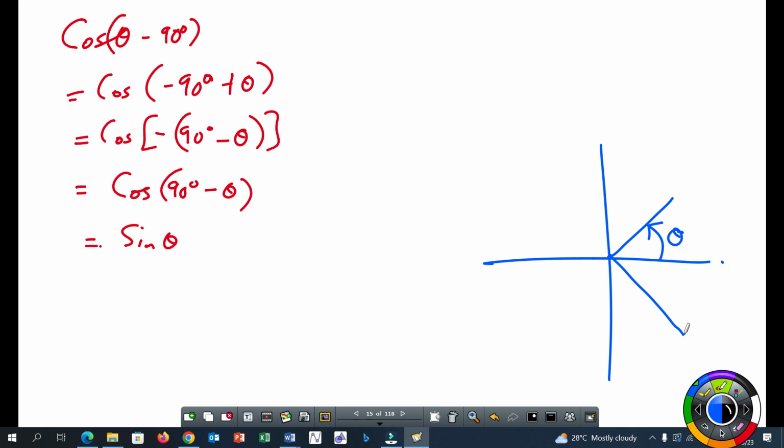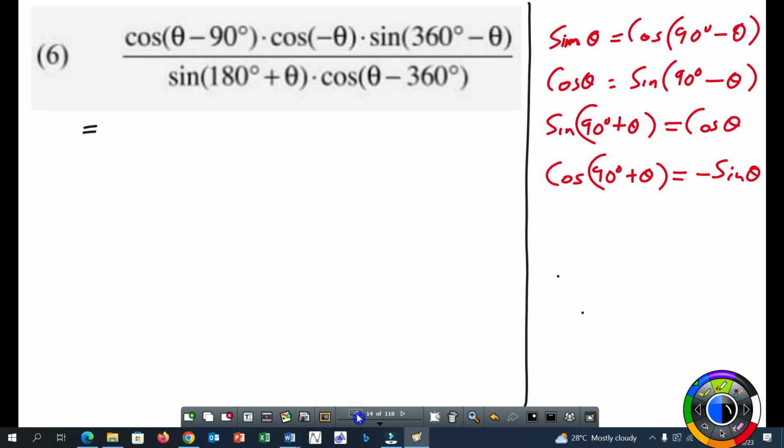Positive. But here, because we have got co-ratios, the answer has to be a positive sine theta. So that's sine theta times cos theta. The cosine of a negative angle is the same as the cosine of a positive angle. Then times sine of 360 minus theta, that's minus sine theta, all over.